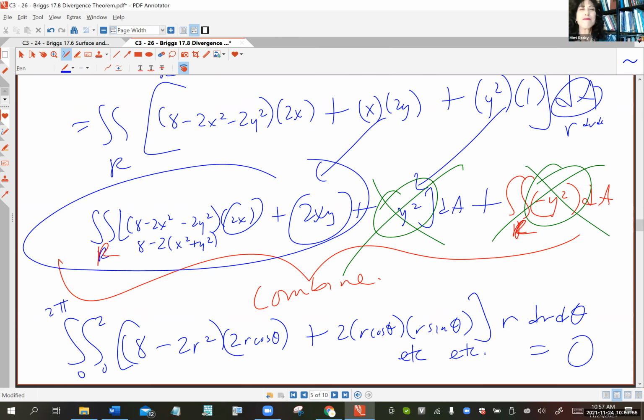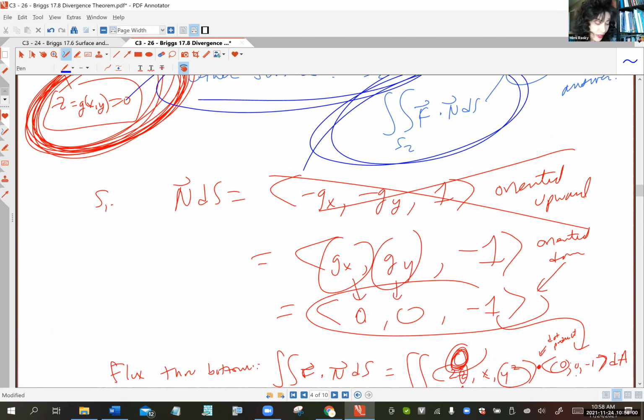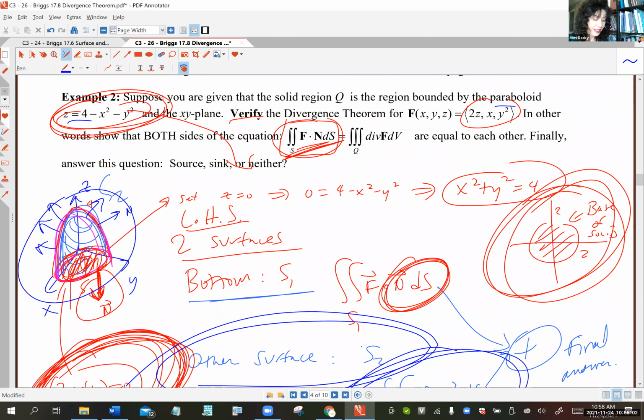I'm not making this up. So the total amount of bananas flowing in and out of this solid, if you put it into a jacuzzi filled with flying bananas, would be 0. The same amount of bananas flowing into the solid is the same amount as flowing out. So it's incompressible.